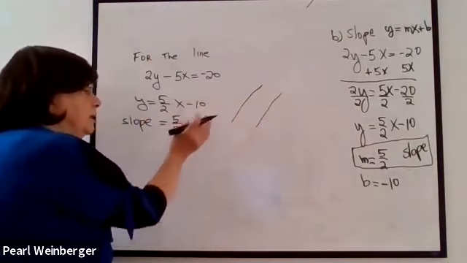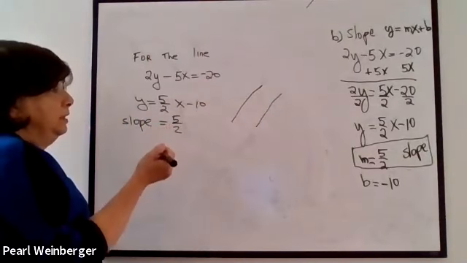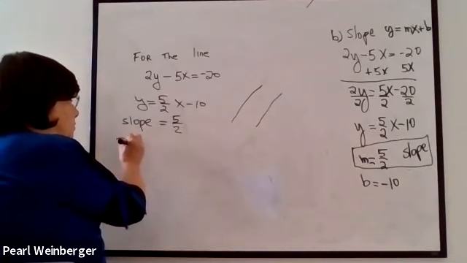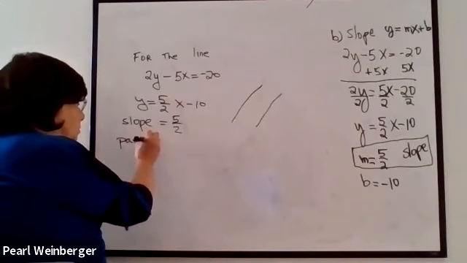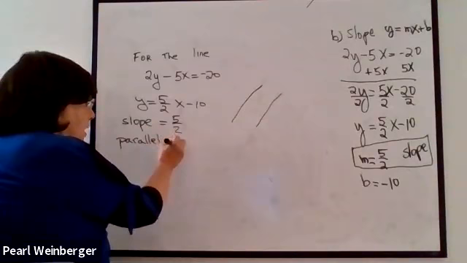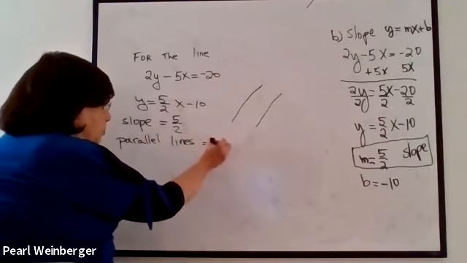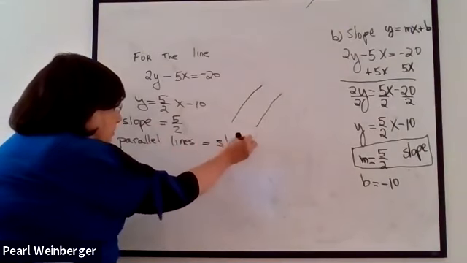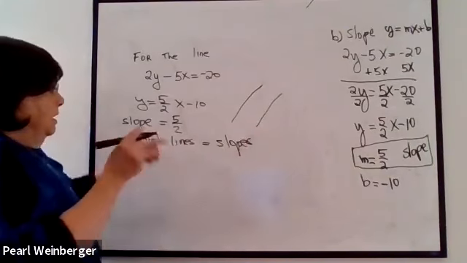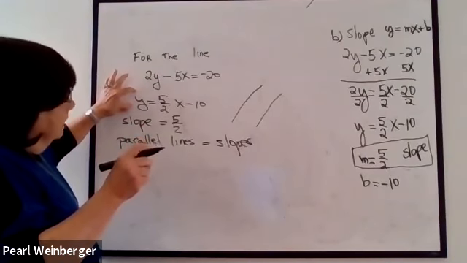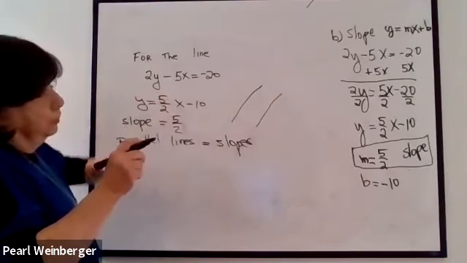They both have the same slant, which means they have the same slope. Parallel lines have equal slopes. Equal, or the exact same slopes. Any line that's going to be parallel to this line will have to have a slope of 5 over 2.